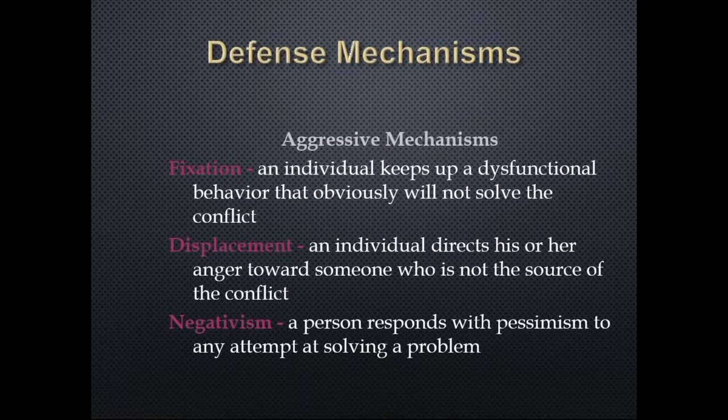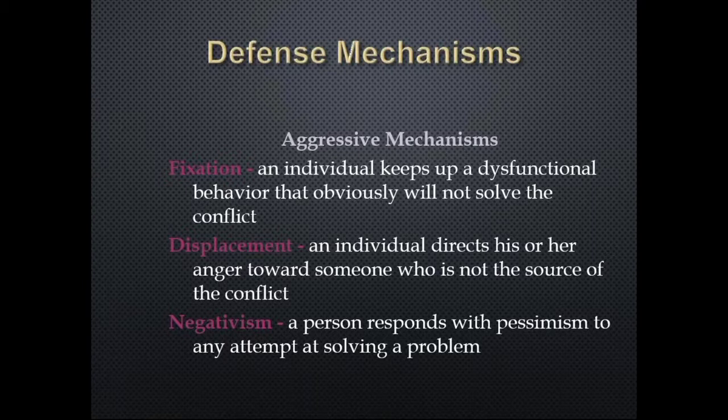For fixation, we talk about an individual who keeps up this dysfunctional behavior that obviously will not solve the conflict. Some people just put up some kind of behavior. It will worsen most times in this kind of case. You see some behaviors worsen the conflict instead of solving it.